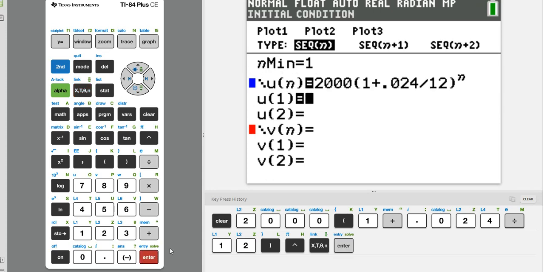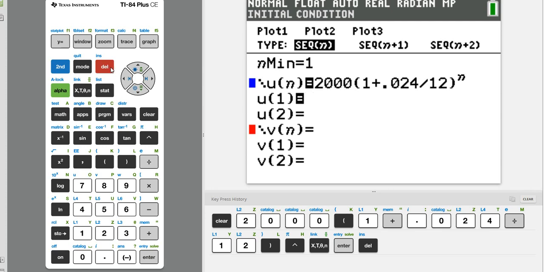Now you don't have to worry about the first term in this. In fact, I'm going to delete that just out of good measure. But there's our expression. And to get the first 6 terms of this sequence, what I can do is just go to the table function and get those first 6 terms.